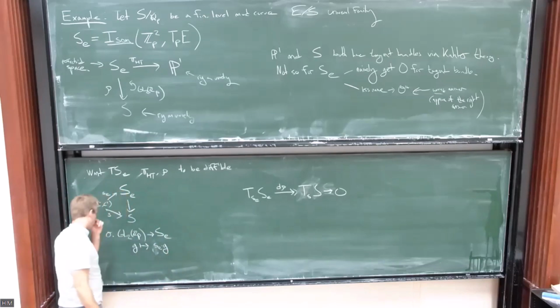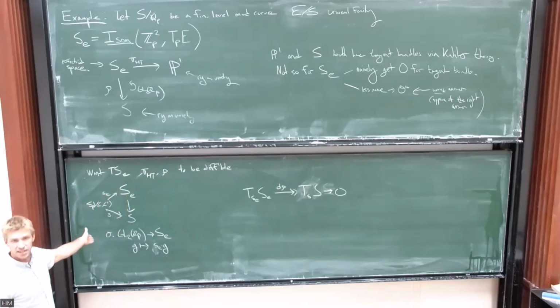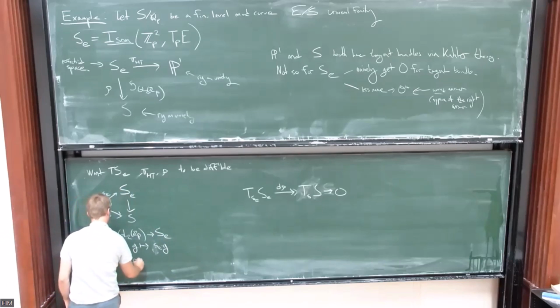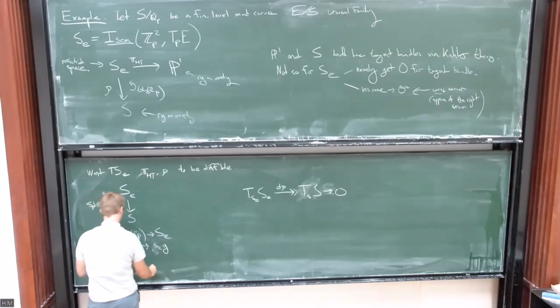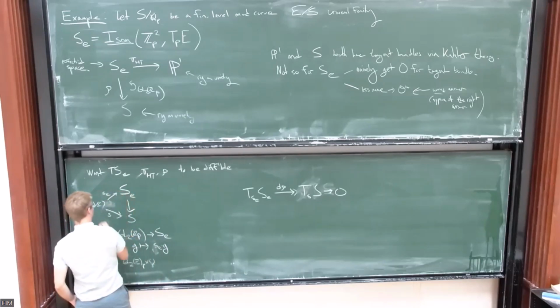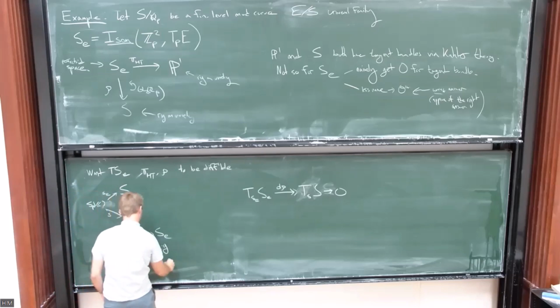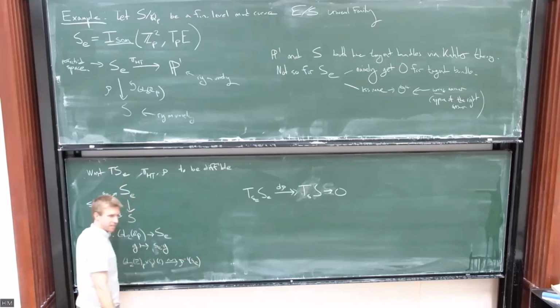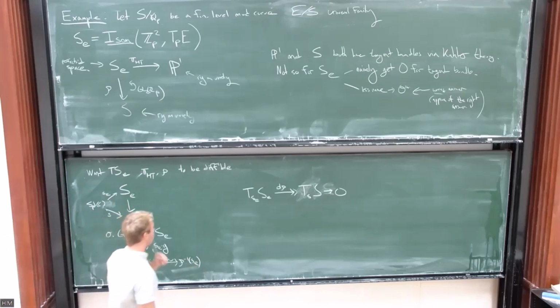So I have this orbit map, and this orbit map induces an isomorphism from GL_2(Z_p), which is the diamond over C here, to the fiber over S_E, or that's what it means to be a torsor.